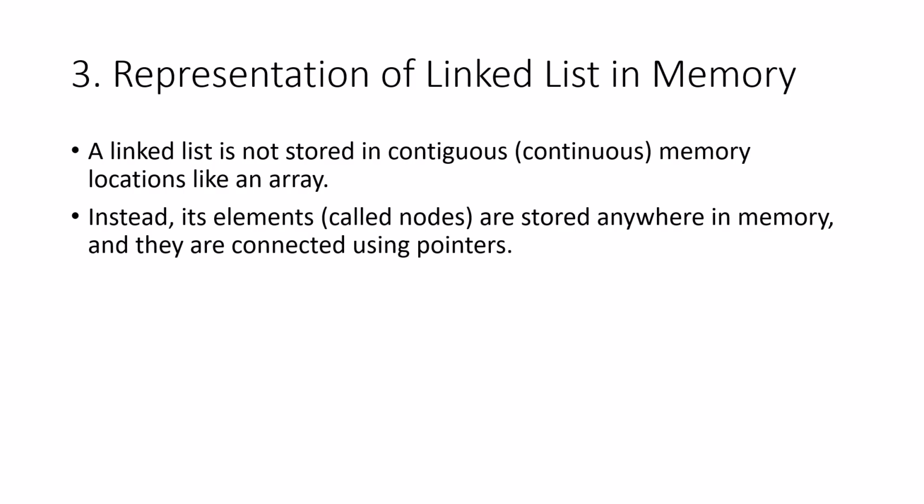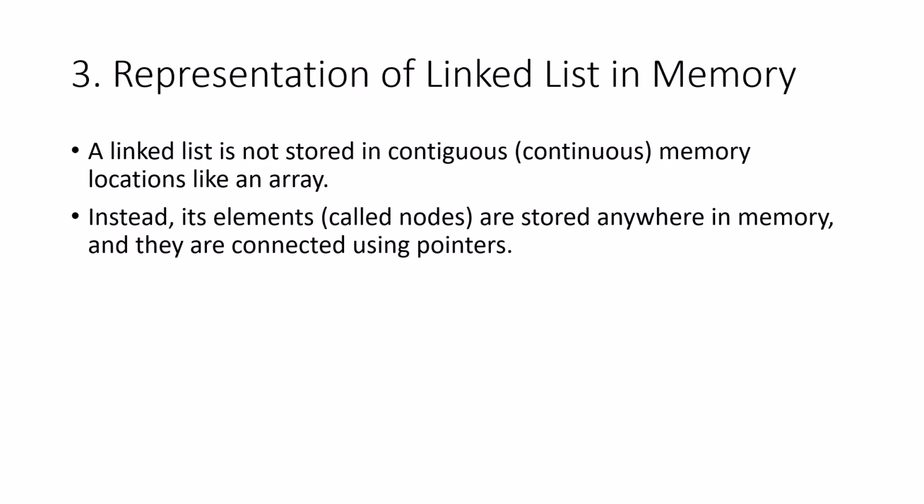A linked list is different from an array because it is not stored in contiguous or continuous memory locations. Instead of sitting next to each other in memory, the elements called nodes can be stored anywhere in the computer's memory.